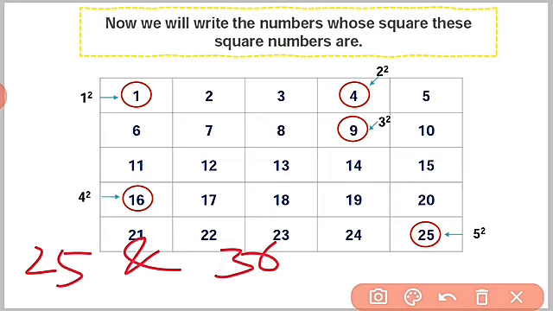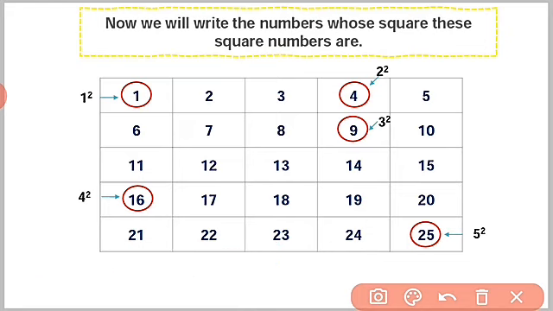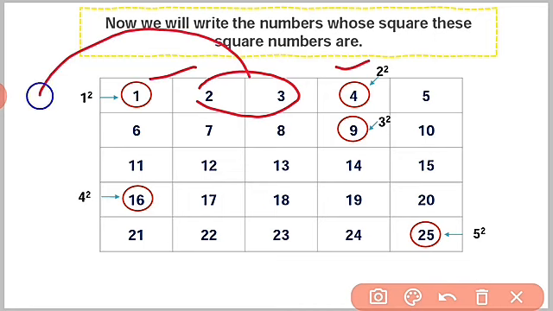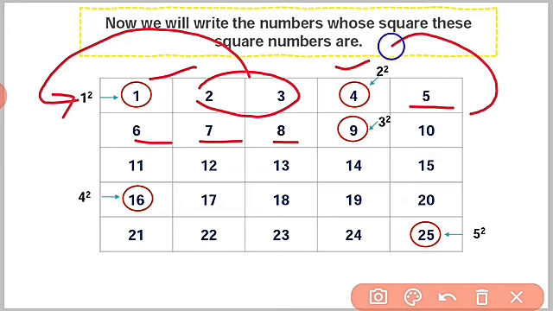Let us observe the pattern again. See, there are two natural numbers between 1 and 4. That means this is exactly twice of this 1. Similarly, there are 4 natural numbers between 4 and 9, which is exactly 2 times of this 2.